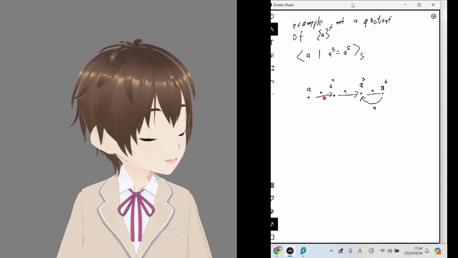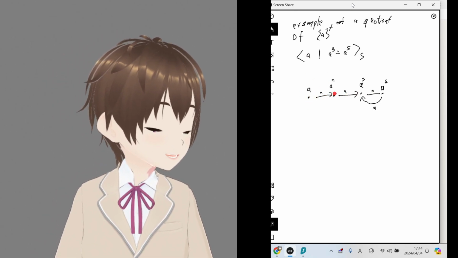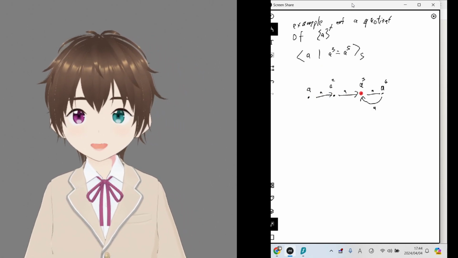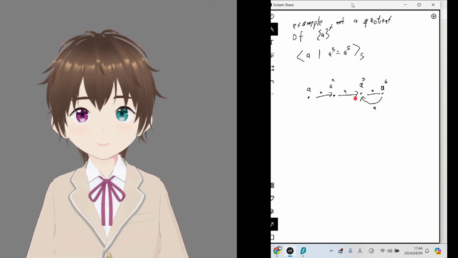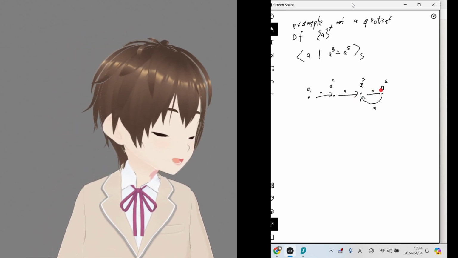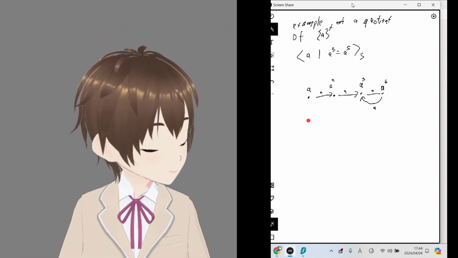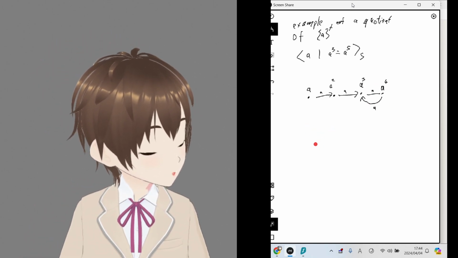We say here A has threshold 3 because it takes 3 powers of A to get to the start of this cycle. And it has period 2 because it takes 2 A's to go through the cycle. So it looks sort of like a lollipop.